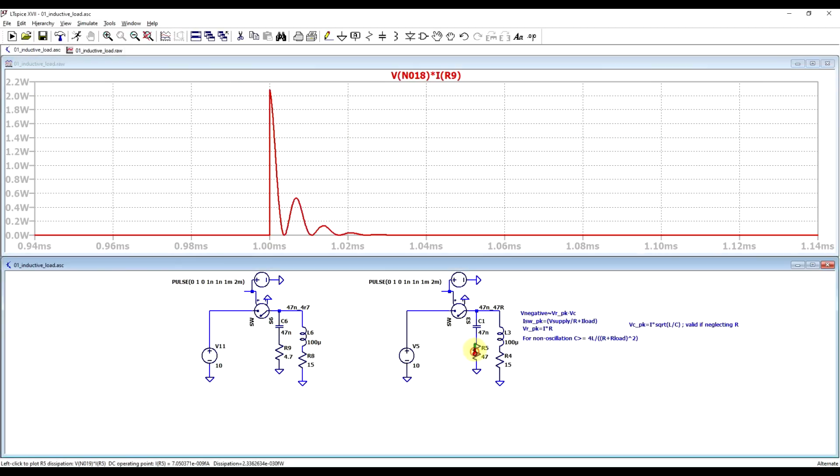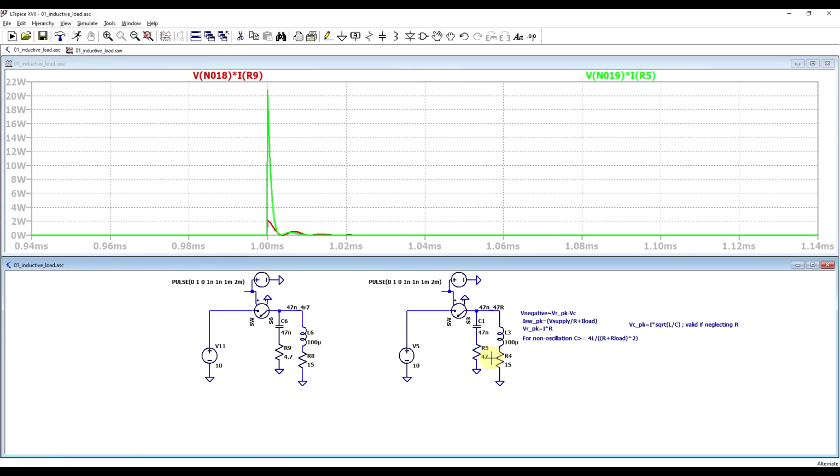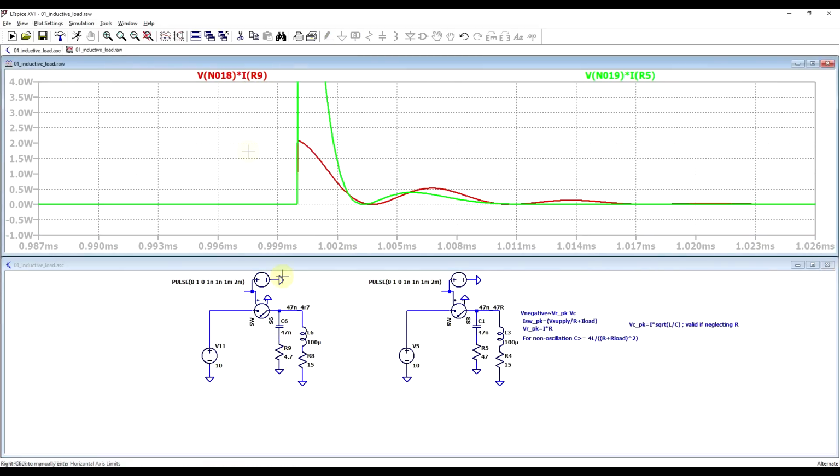If we look at the power dissipations, the larger value resistor, R5, has a peak power level of 21 watts, whereas the 4.7 ohm resistor has a peak value of around 2 watts. But because less power gets dissipated on it, the power is dissipated over a longer period of time, and the inductor gets discharged slower.